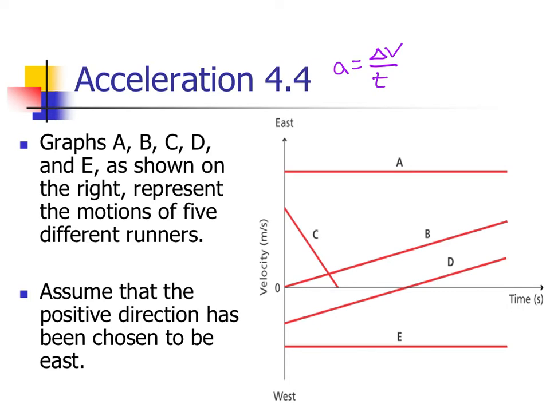Now here, if you have no change in velocity, meaning the slope of a velocity time graph, rise over run, if you have 0, it doesn't matter if you're over 100. 0 divided by 100 is still going to be 0. Therefore, there is no acceleration for line A.